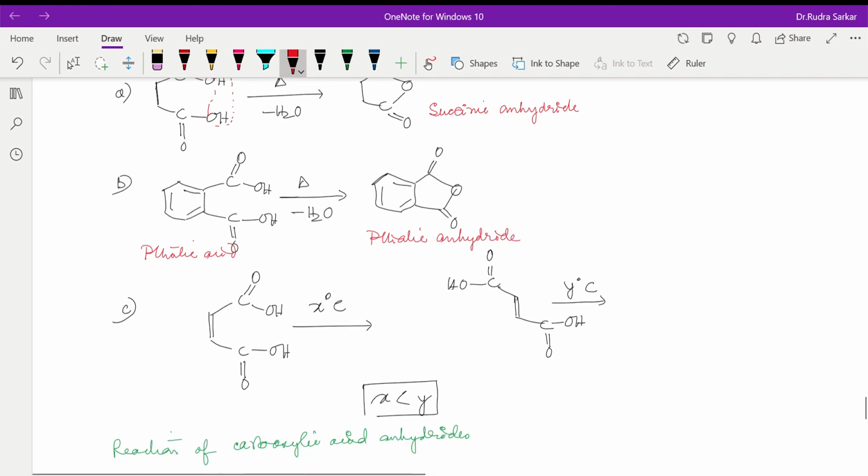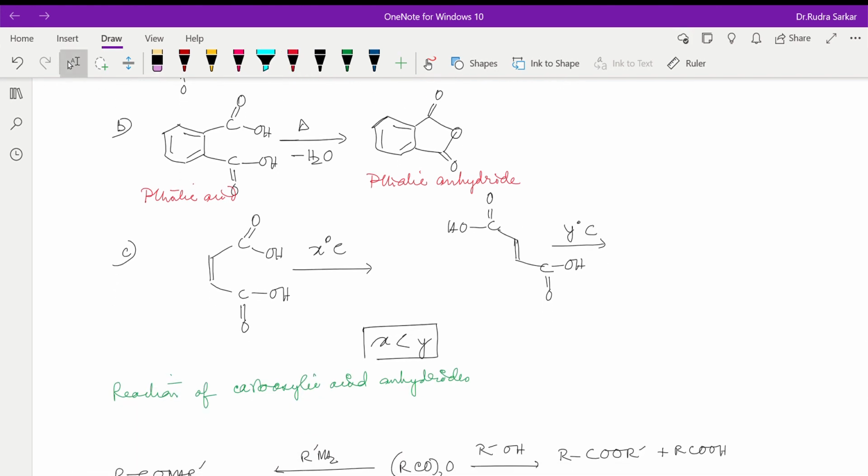Here we are given two acids. One is a maleic acid, another is a fumaric acid. So this is your fumaric acid. Now, for these two to form this anhydride, suppose at y degree centigrade, the question is which will form faster.